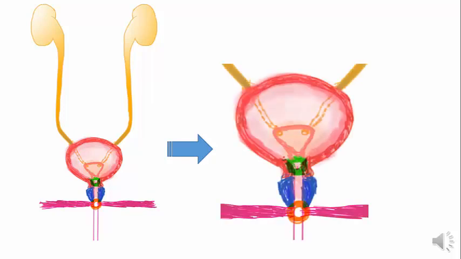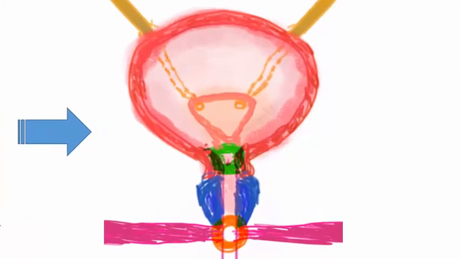The 2 ureters coming from the kidney pass behind the bladder. Let's zoom in. These are the dotted lines. These dotted lines show that it passes behind the bladder, and it opens about 1 to 2 cm above the orifice of the urethra.